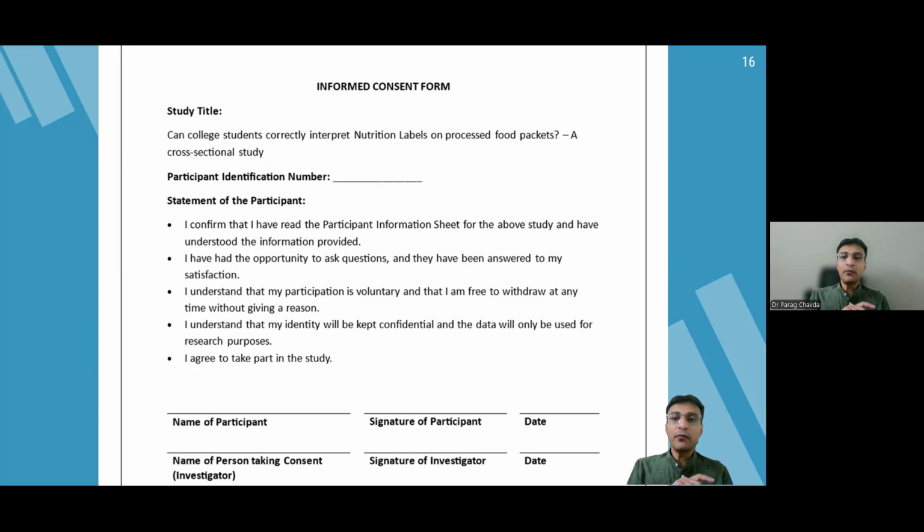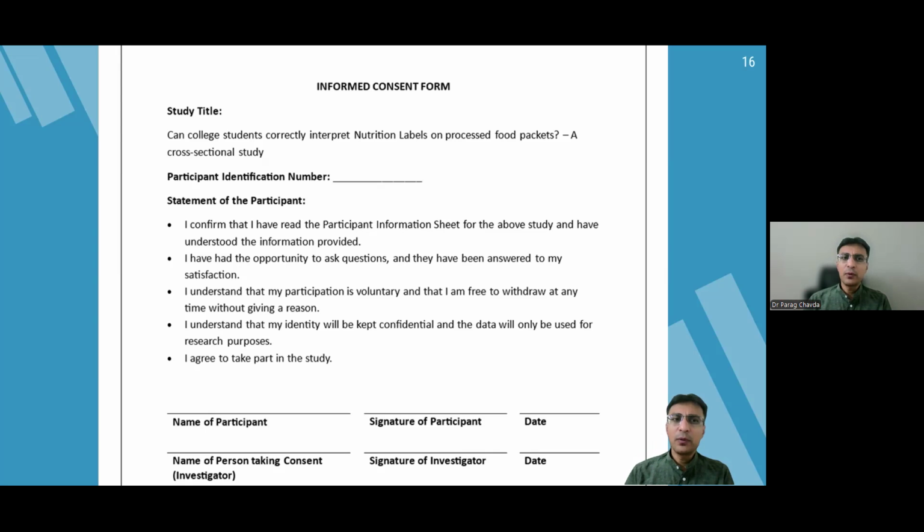So your participant information sheet ensures that you have informed your study participant sufficiently about the nature and purpose of your research study. And when we say it's a written consent, it is when we have a copy of the informed consent form where the participant has given their signature or put a thumb impression. So we give a study title and summarize in short.